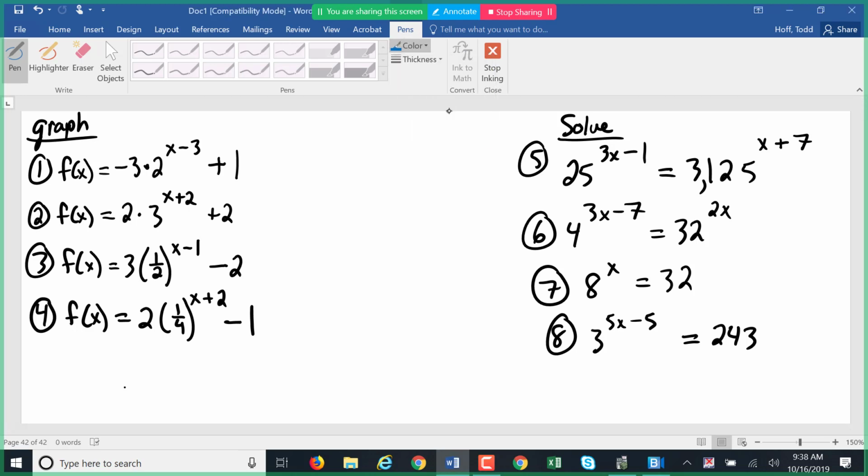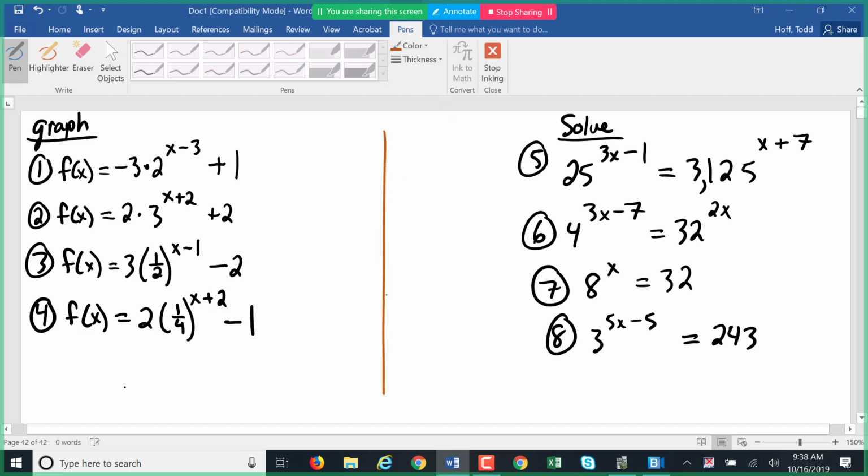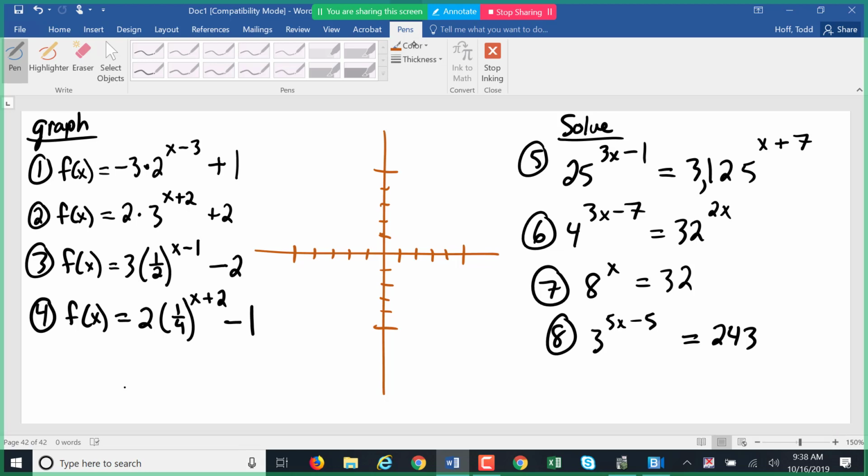Okay, so to graph these, we're going to start out with our standard XY coordinate plane. The first thing we need to do is locate the translations, the shifts in the origin.